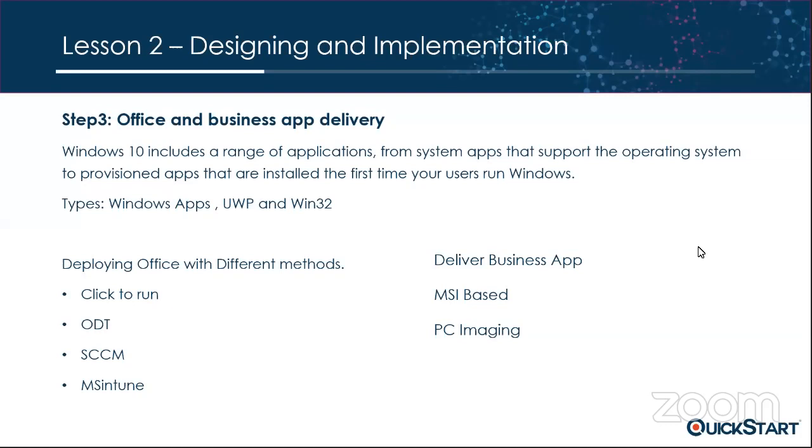By running this, it will automatically give you the best application that Microsoft has, whether you choose 32-bit or 64-bit. You can install it by click to run setup. ODT is the Office Deployment Toolkit. That's another way to deploy the Office applications.